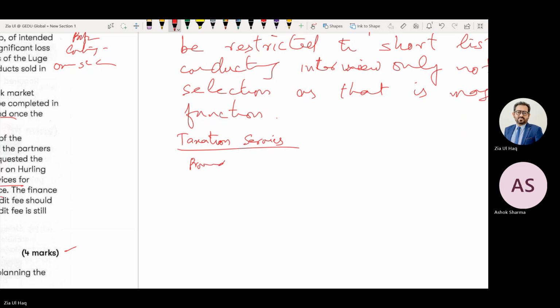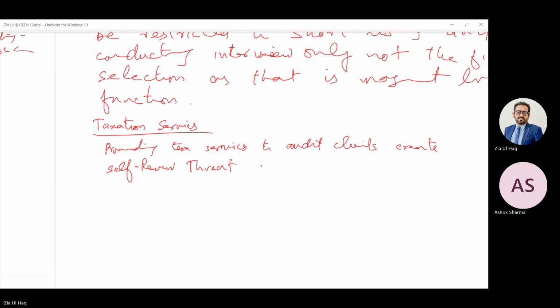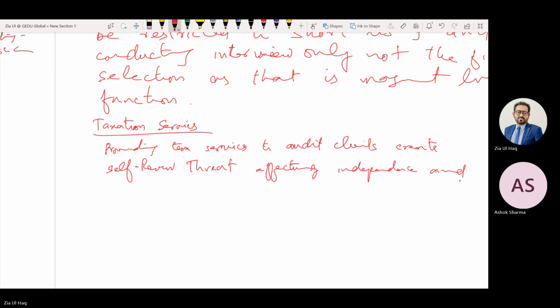Providing tax services to an audit client creates a self-review threat, affecting the independence and objectivity of the auditor.